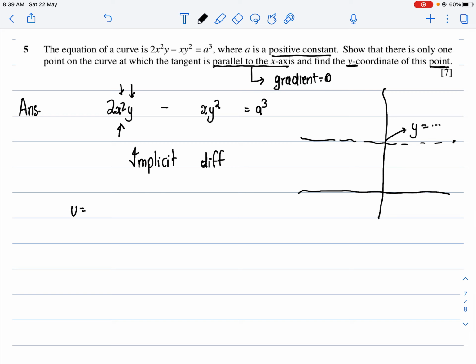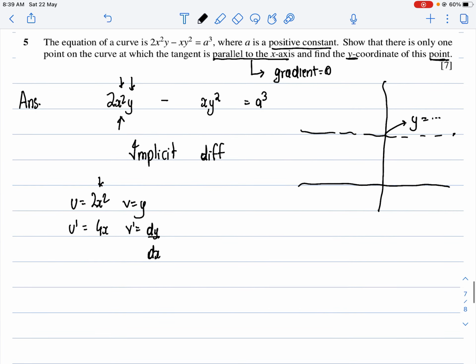I take my u as 2x square, my v as y, my u dash as 4x, which is the differentiation of 2x square, and my v dash as dy by dx. Basically the differentiation of y is 1, and whenever we differentiate y, I multiply by dy by dx.